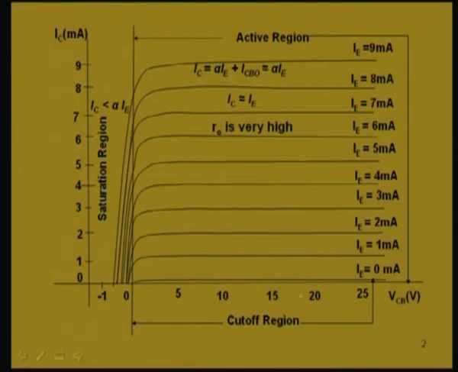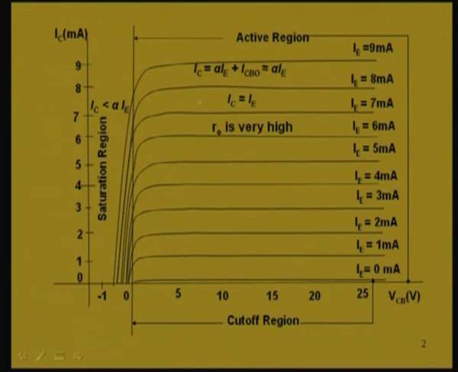Another region is known as the saturation region, which is to the left of this 0. If we see this region, we observe that the collector current is reducing and reducing.